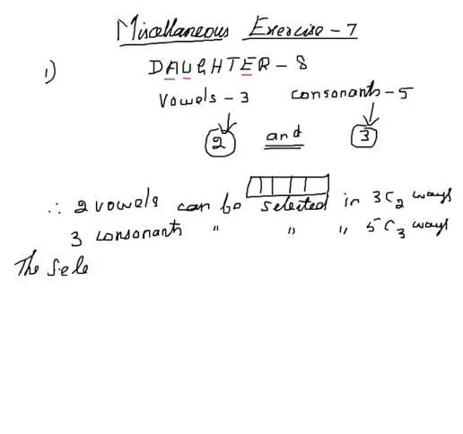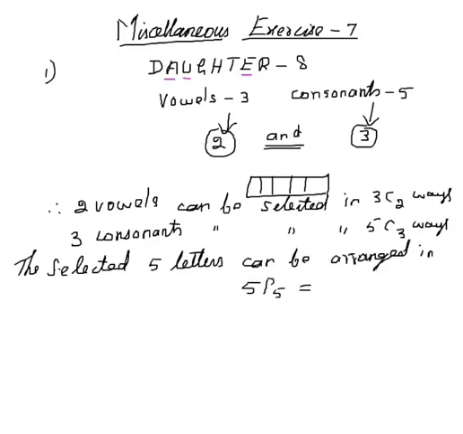The selected 5 letters can be arranged in 5P5 ways. 5P5 is 5 factorial, which is 120 ways.